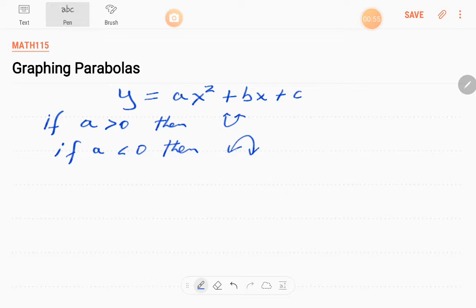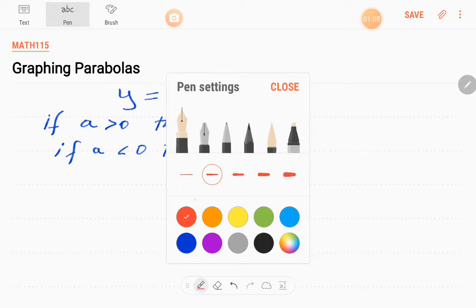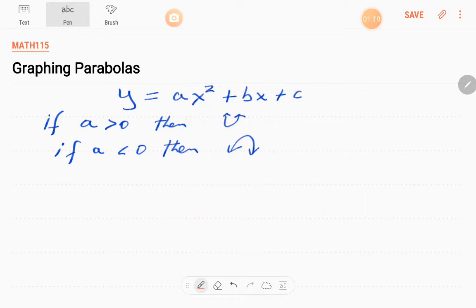Now, the turning point of the parabola is called the vertex. So this point here would be called the vertex. That's the turning point.